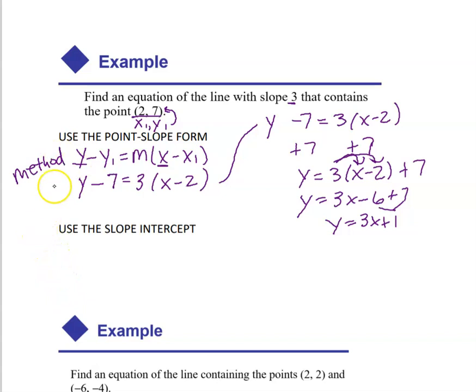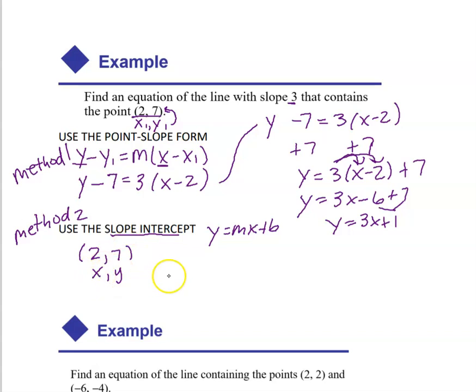We could also start out with the slope-intercept form, which is y equals mx plus b, and use it to get our equation of the line. In this one, we let this be x and y. We know that m is 3, and the goal is to find b this time.